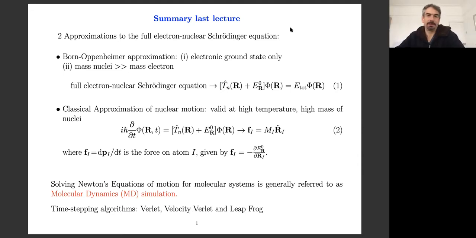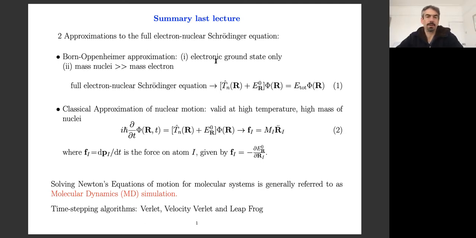So if I summarize in more mathematical terms what we have done, we looked at the full coupled electron-nuclear Schrödinger equation, and we introduced the Born-Oppenheimer approximation. There were two approximations there. One was that we only consider the electronic ground state.